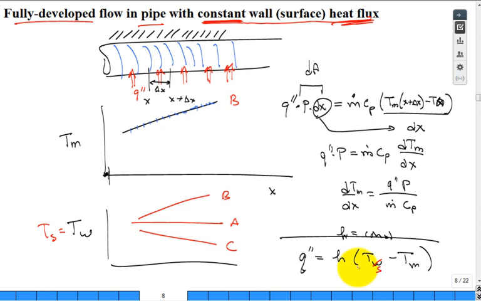T_s I think is more common in the book. Okay, so if this is constant and this is constant, is the temperature difference constant? Yeah, it's not changing. And so if the mean temperature is going up with increasing distance down the pipe, why? Because you're pumping more energy, heat into it.